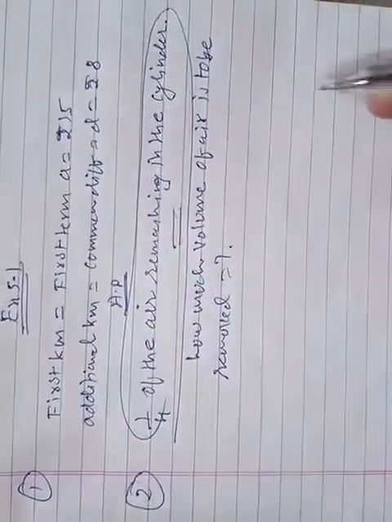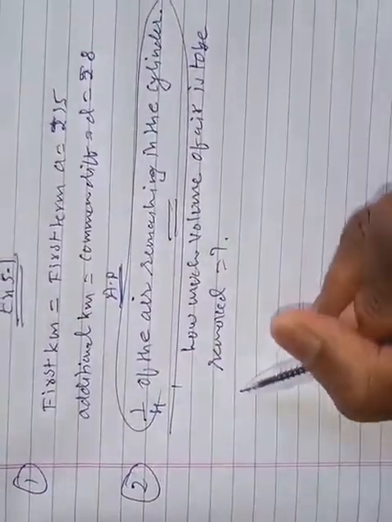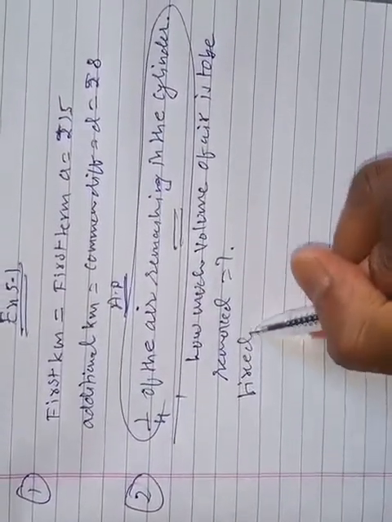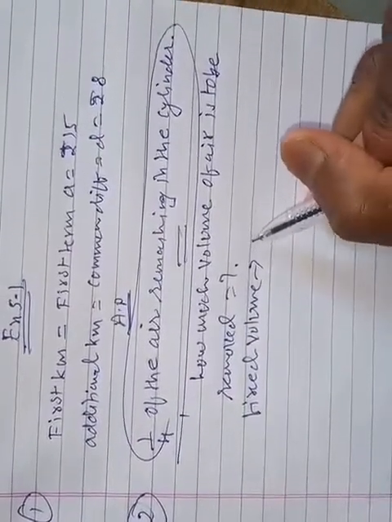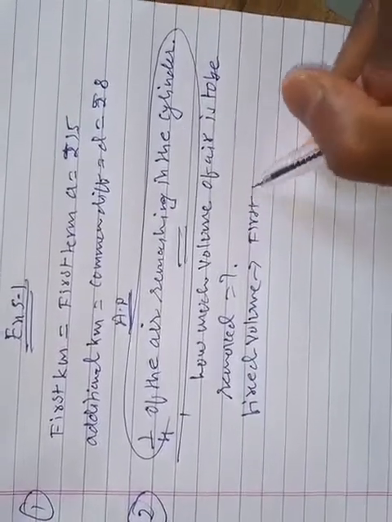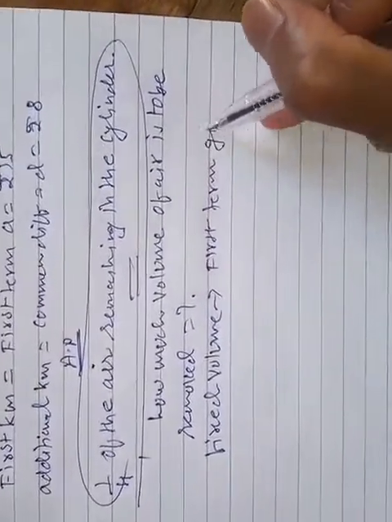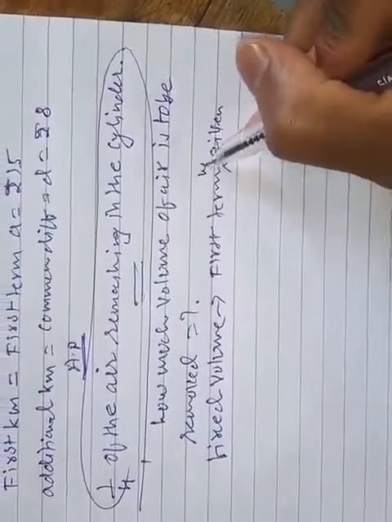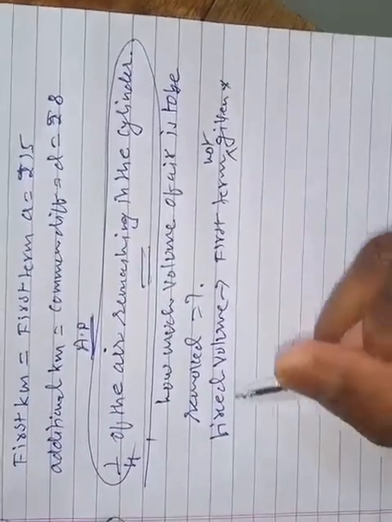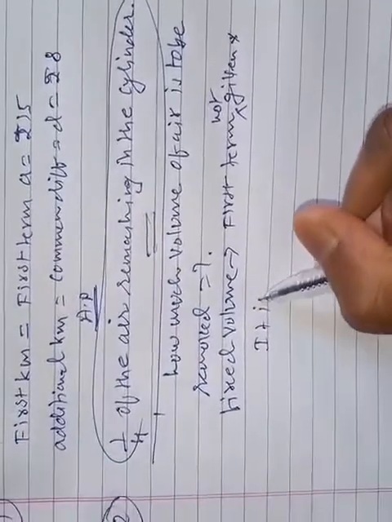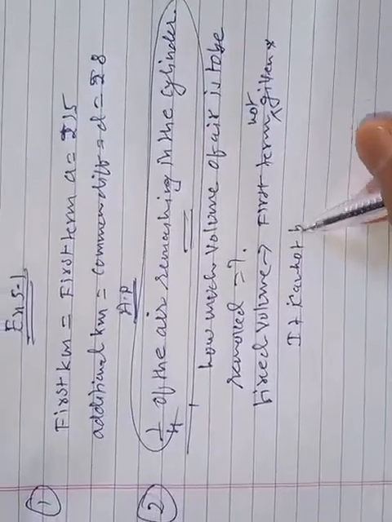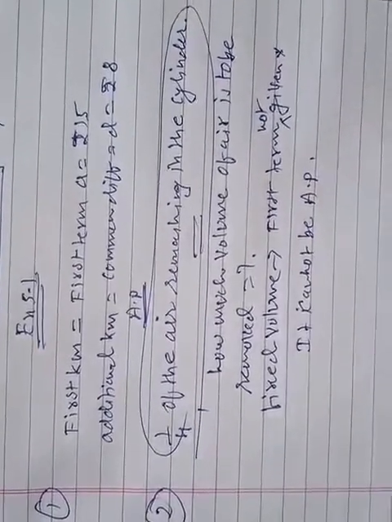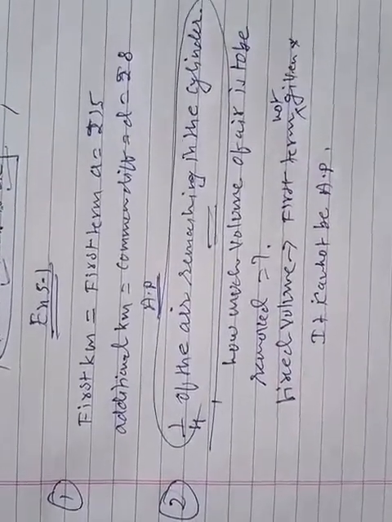It means that there is no fixed volume. What does it mean? It is not a fixed volume, meaning the first term is not given. First term is not given. So it cannot be an AP. Isn't it?